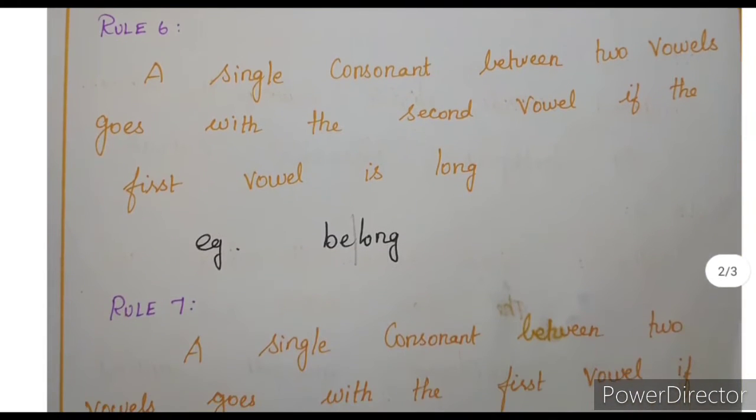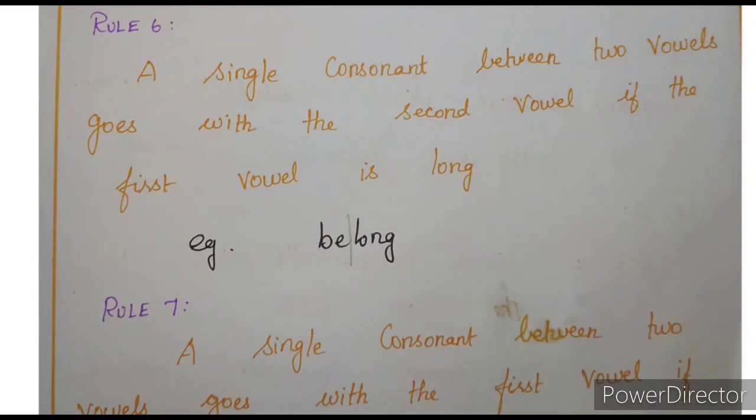So next rule we will see. A single consonant between the 2 vowels goes with the second vowel if the first vowel is long. Children, for example I have given you belong. So we have only one consonant in the word belong. In belong we have one consonant L, and 2 vowels, E and O. And I am going to divide this word into be-long.